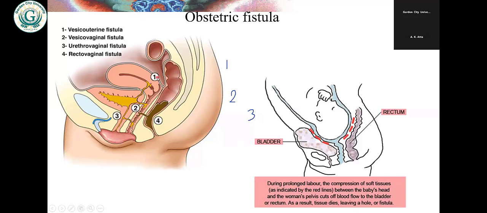So you can have vesico-uterine fistula, vesico-vaginal fistula, and recto-vaginal fistula. So you have urine and feces all passing through the vagina. So those things can also happen.